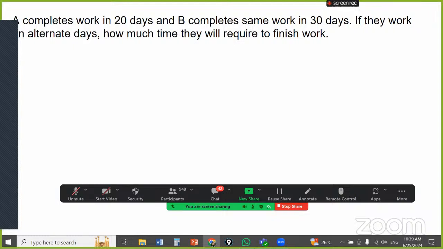Sai Surya, it's not 60 days. 60 is the total work done. 20 and 30 means total work done is 60. 60 works has to be completed. It's not 12.